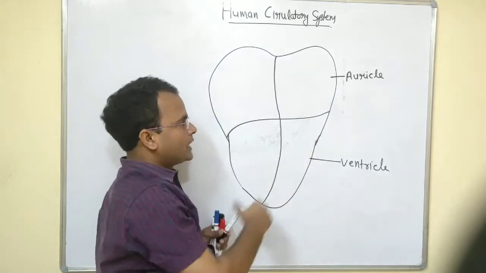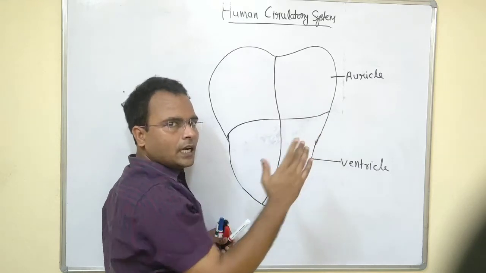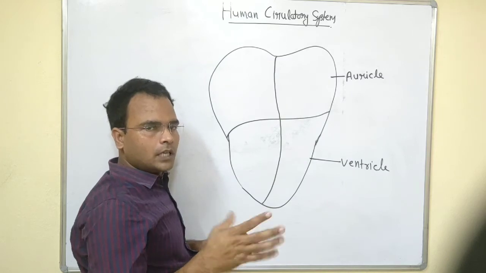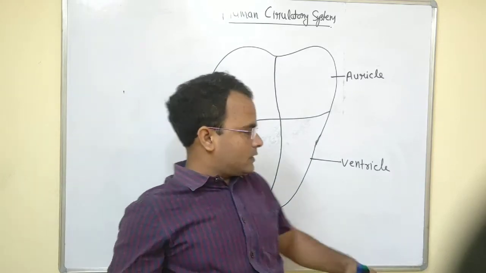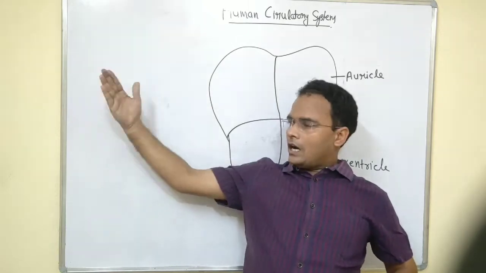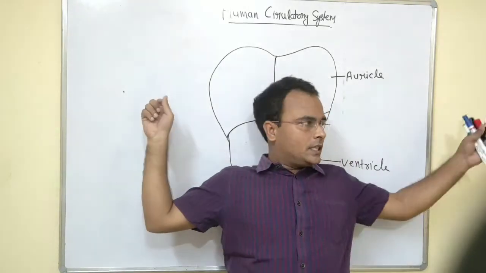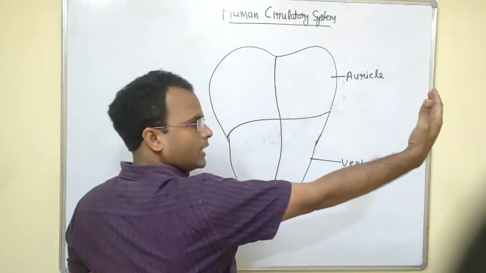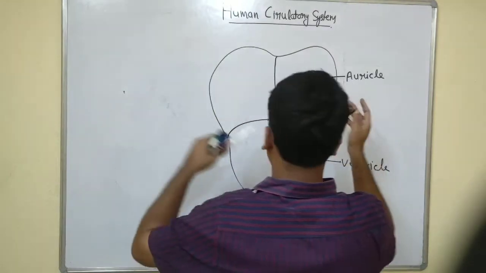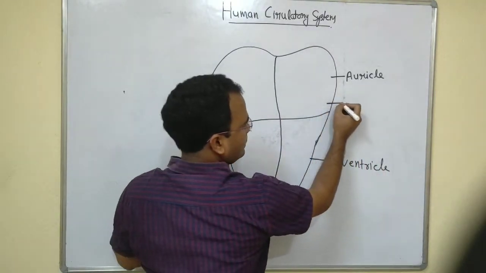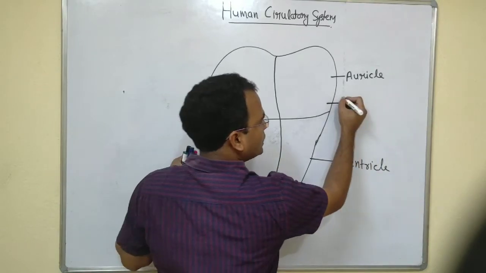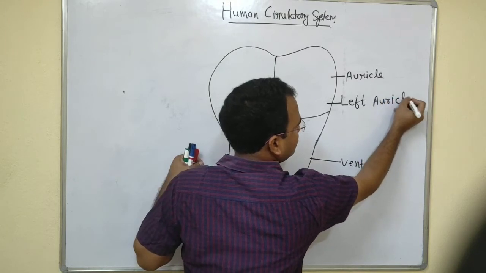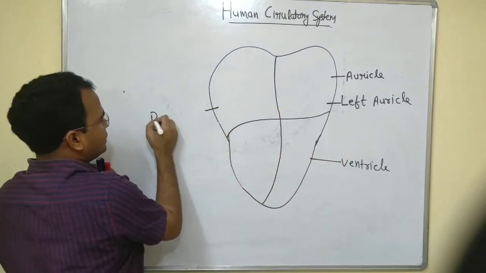Now it can be divided into left and right, and take one precaution while drawing the diagram in the notebook or anywhere. The heart is situated here, so our right part will be this one and the left part will be this one. If I draw like this, the right will look like left and left like right. Since this is our right hand side, this will be the left auricle, and this will be the right auricle.